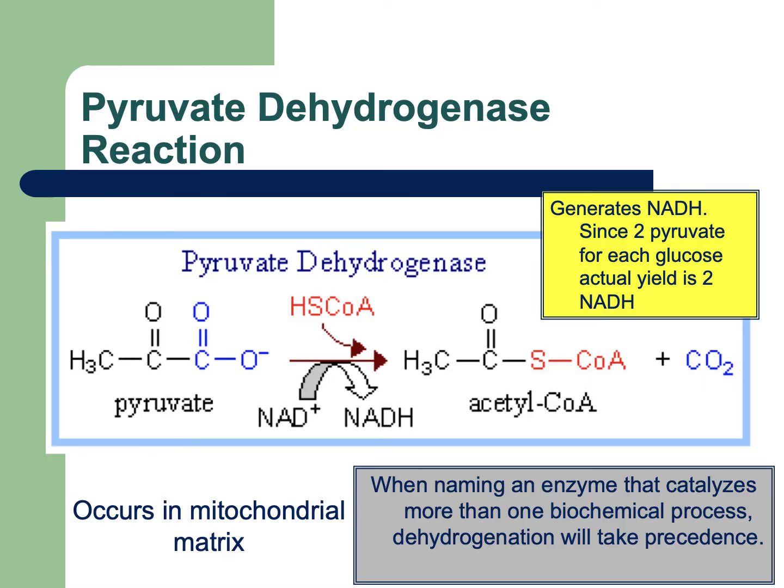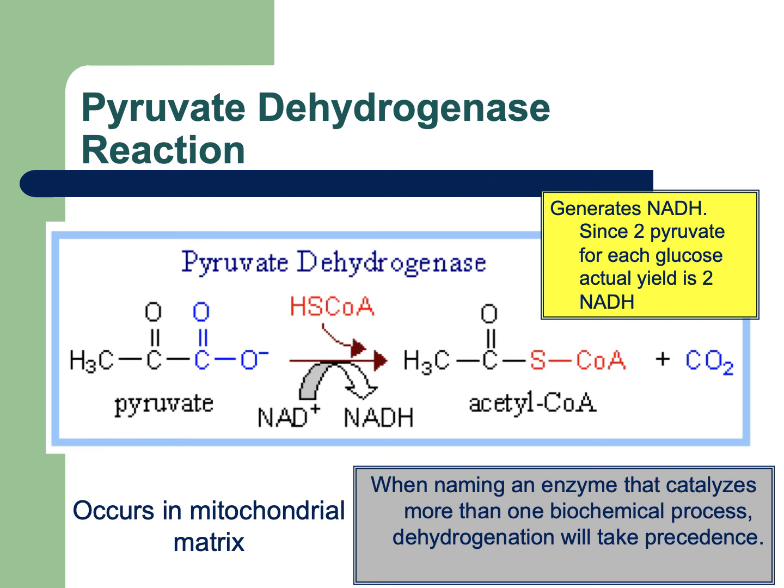A couple things about this very important reaction. When naming an enzyme that catalyzes more than one biochemical process, dehydrogenation will take precedence in the naming, hence the reason why it's called pyruvate dehydrogenase. As well, one of the products is NADH, and since 2 pyruvate are created for each glucose, the actual yield is 2 NADH.